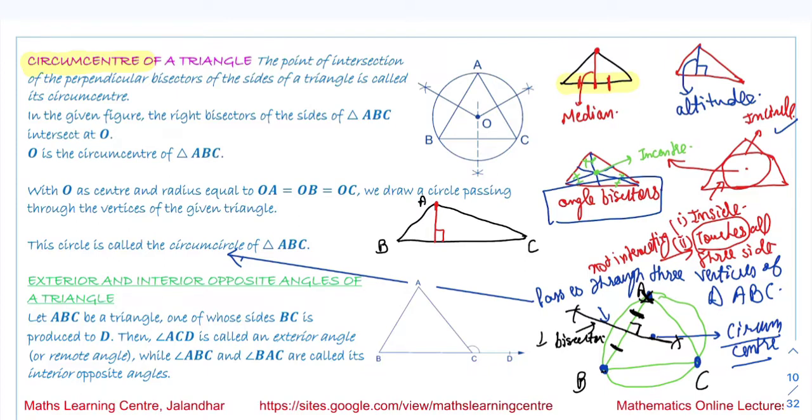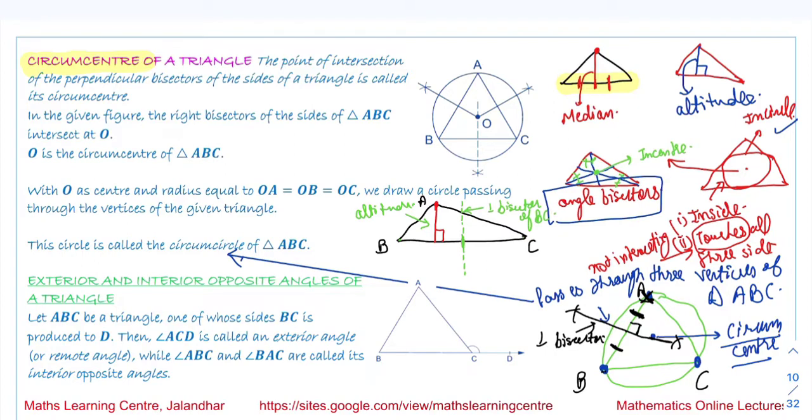When I am talking about the perpendicular bisector of side BC, it means this point over here marked with green is the midpoint of BC. If I draw a perpendicular at this, the length of this is the altitude, and this line is representing the perpendicular bisector of BC.